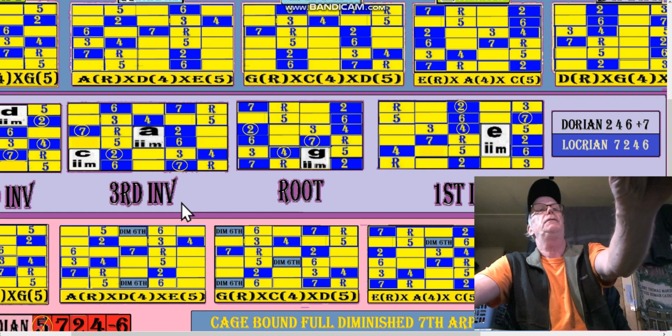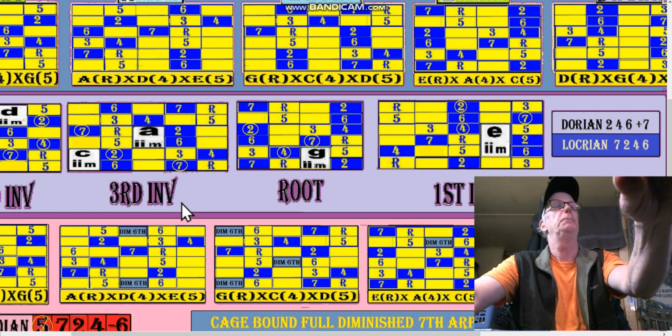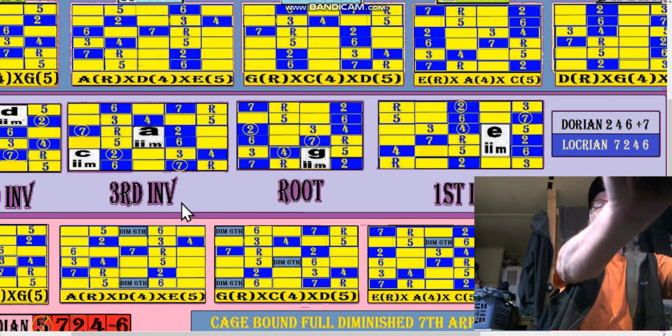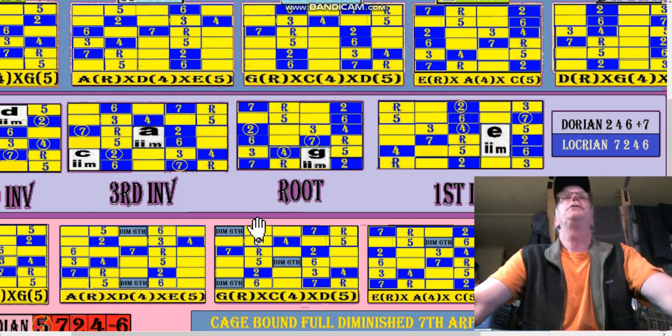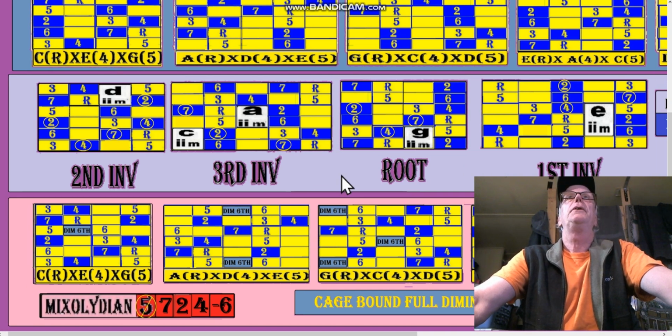If you leave out the 5 and just play the 7 2 4, you've got the half diminished. There's the C, there's the 5 dominant. Leave out the 5 and double the 7th, and you get, okay, so that's a legal substitution, and I'll add that into our next chart.